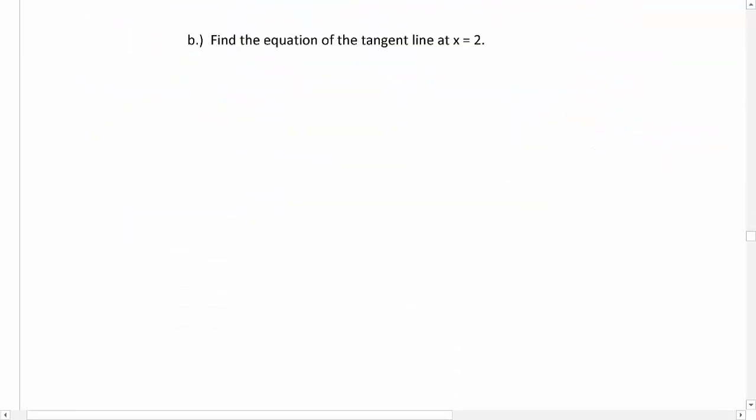In part B, we want to find the equation of the tangent line at x equals 2. In order to write the equation of a tangent line, or of any line, we need two things. We need a point and the slope. We found the slope in part A to be negative 4, and now we need a point. They gave us the x value.